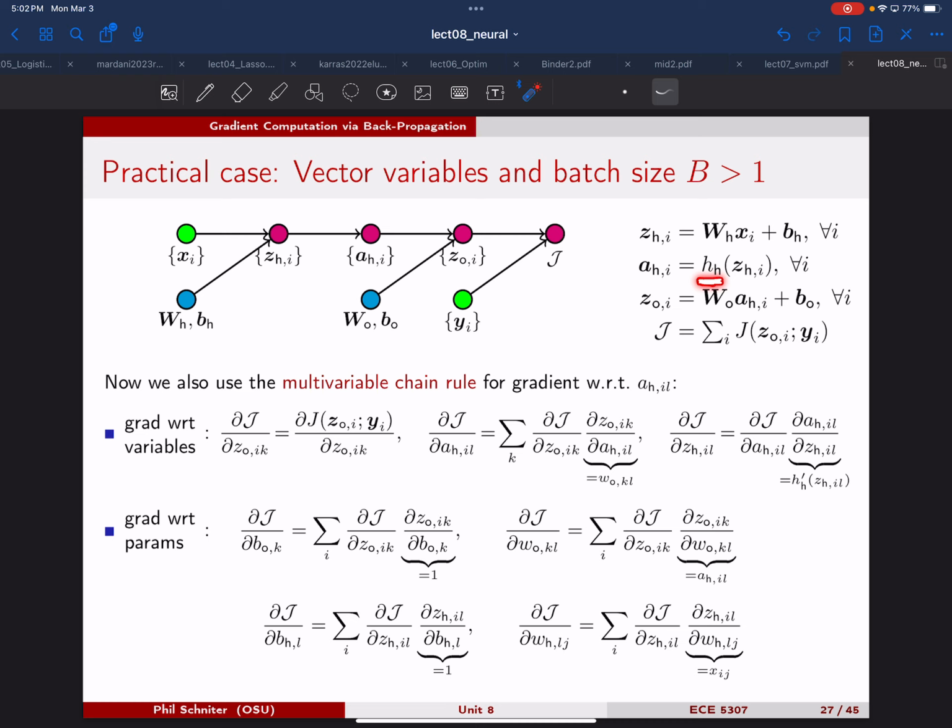So for example, your sigmoid is going to work individually on every entry within this vector, as well as being decoupled across batch items. So this one is decoupled, but these two things are not decoupled. In those ones, this matrix mixes all the x's together to get z, and mixes all the a's together to get that z.